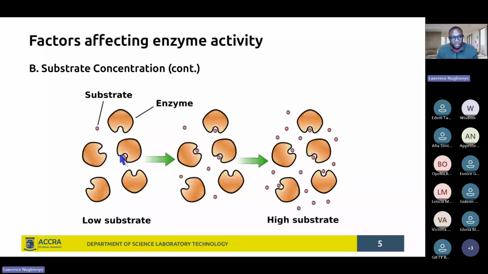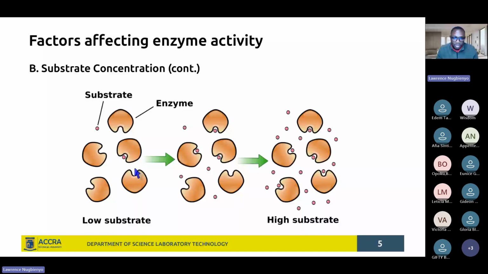Now, in the beginning, you see that you have a small amount of substrates. You have more enzymes there, and you can see that some of the enzymes are free. They are not engaged by any substrate that they will be acting on. So you will have just a few of these substrates that the enzyme will be acting on.